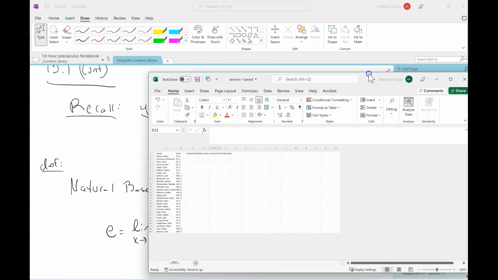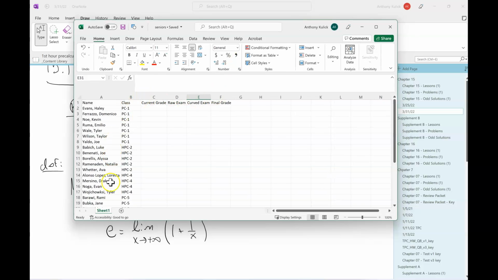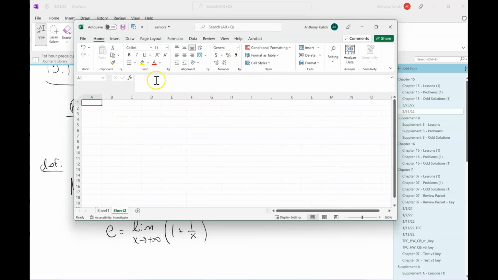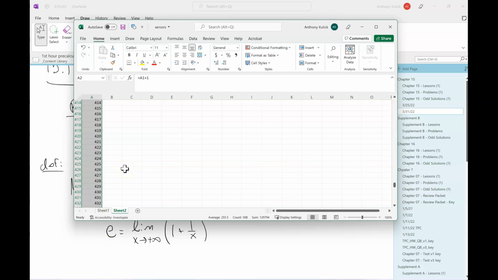So what the heck, how would you go about doing something like this? Well, let's just show you what we might do. I'm just going to make a list of values. These are going to be our values for x. And you see they're getting really big, right? I have 1 down to like 500 or something, which is going to serve as a proxy for infinity.